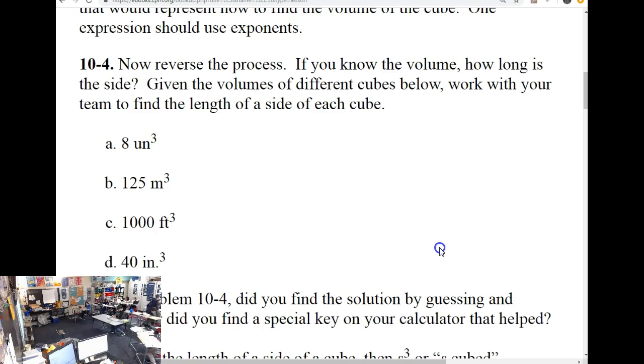Wait, what do you press? It's easy. Okay, so you press the second button.